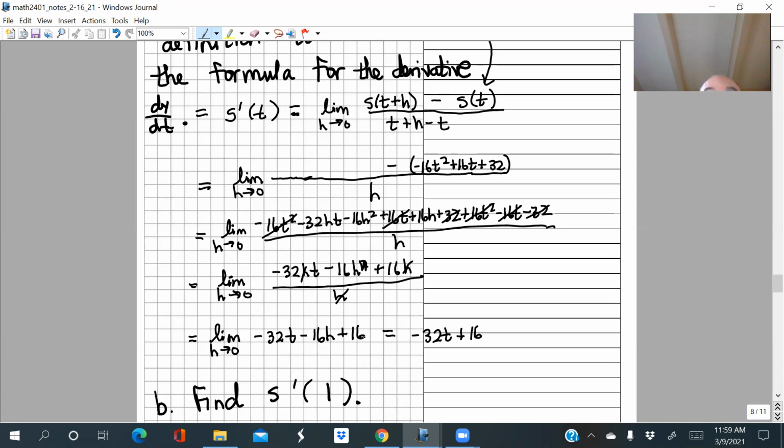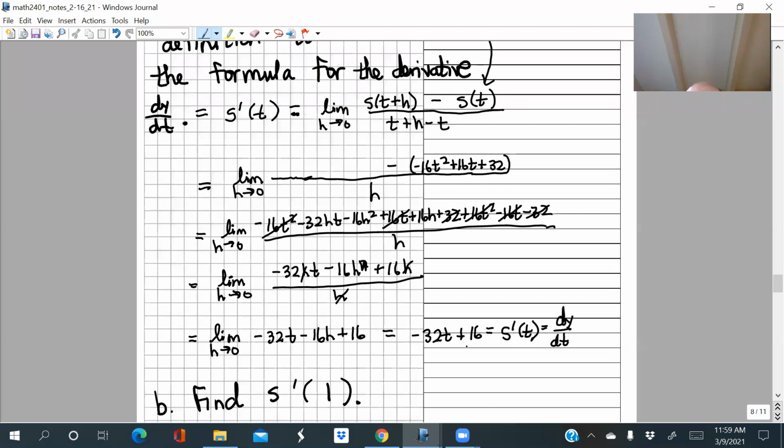That's exactly what we're looking for. There is the formula for the derivative. So you can call that again s prime of t, like we did up here, or you can call that dy over dt. So that's the formula that we can use now to calculate the instantaneous rate of change at any value of t whatsoever.